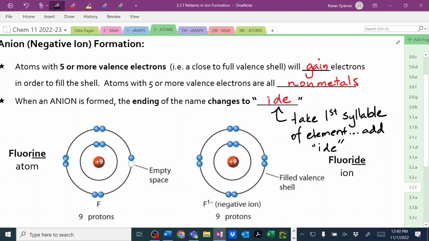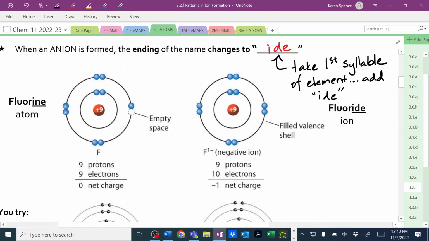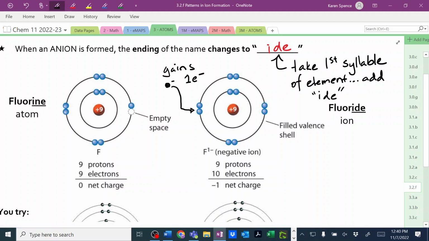All right, so here we have a fluorine atom. Of course, we have our little empty space there. Along comes an electron and fills that empty spot, so it gains 1 electron. And if you gain a negative charge, what does your charge become?